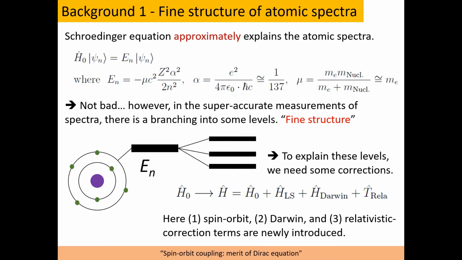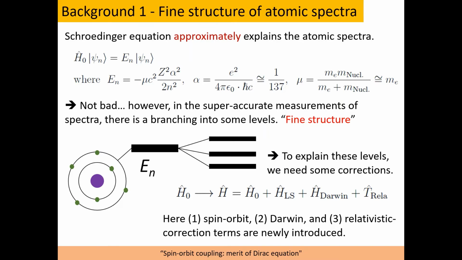However, in super accurate measurements of spectra, there is a finite branching into some levels that is called fine structure. Namely, this E_n has a small but finite branching, and to explain these split levels, we need some corrections.